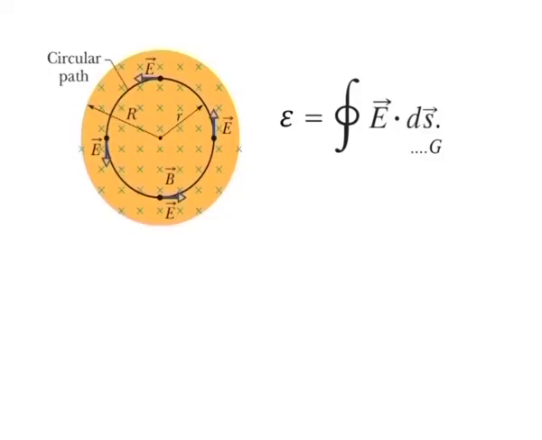Meaning of EMF. With equation G, we can expand the meaning of induced EMF. Up to this point, induced EMF has meant the work per unit charge done in maintaining current due to a changing magnetic flux, or it has meant the work done per unit charge on a charged particle that moves around a closed path in a changing magnetic flux.